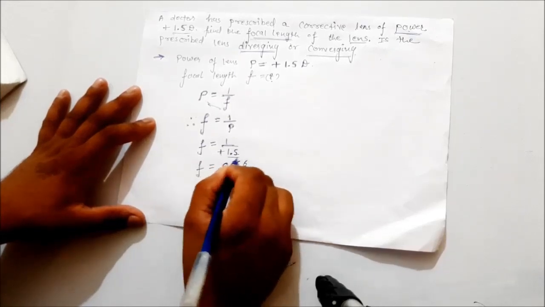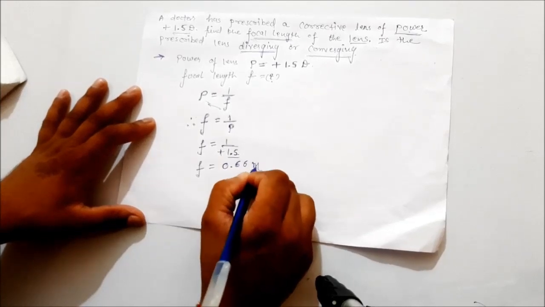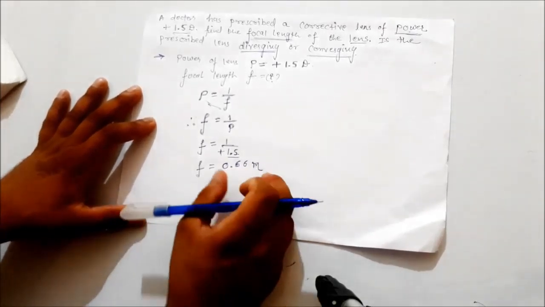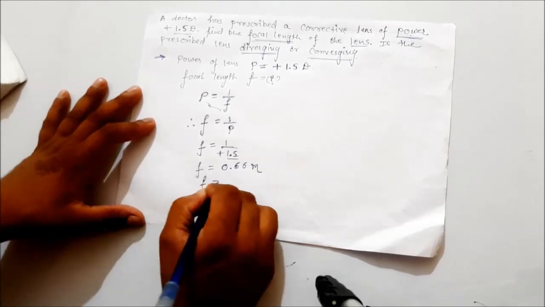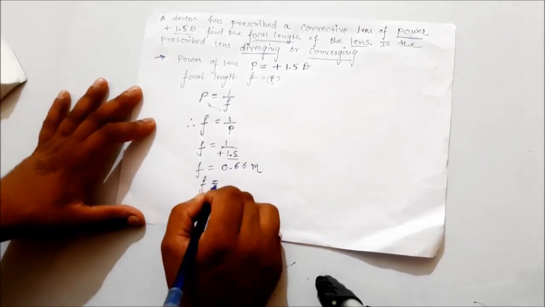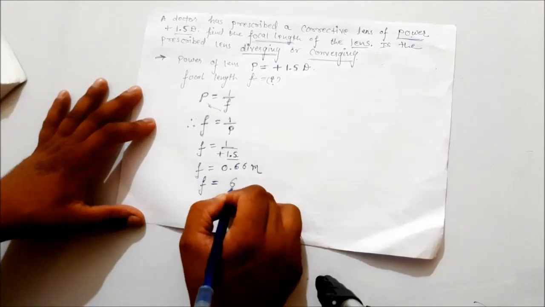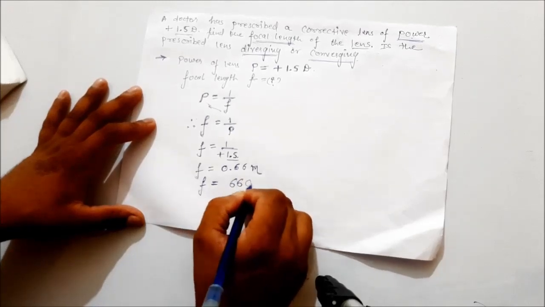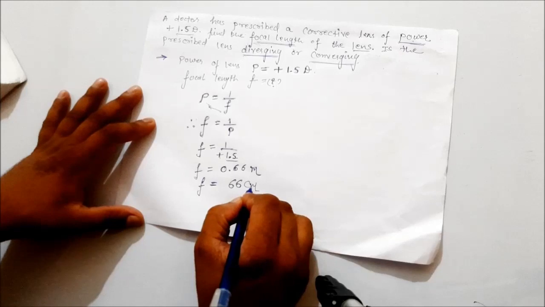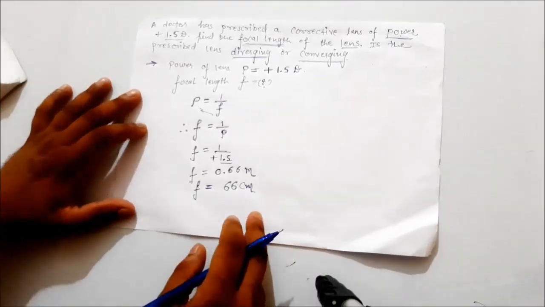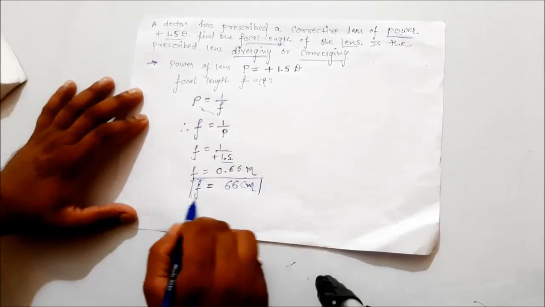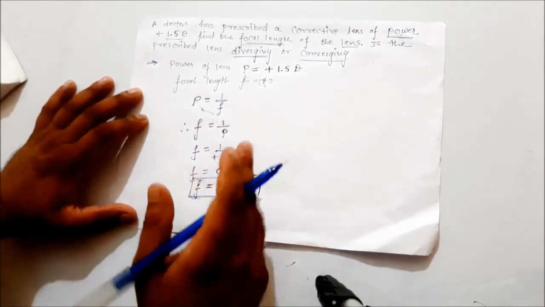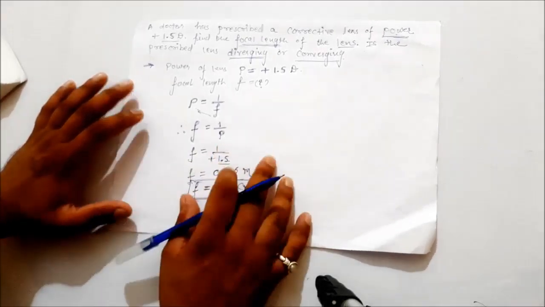It was in diopter, so here we will have 0.66 meter. If we convert this into centimeter, the focal length F will be 66 centimeter. So the focal length of our lens will be 66 centimeter.